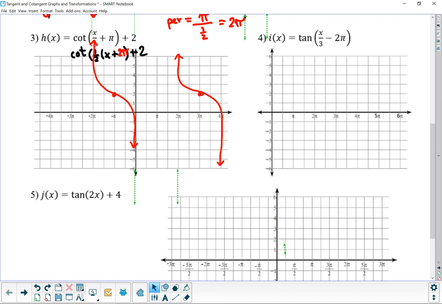Okay, which is 1, 2, 3, and 4. So basically, it doesn't even change because the period is 2 pi, and your phase shift or your horizontal shifting is 2 pi. It actually does not change anything at all. Okay, because the one that you moved away gets replaced by the one on the other side.